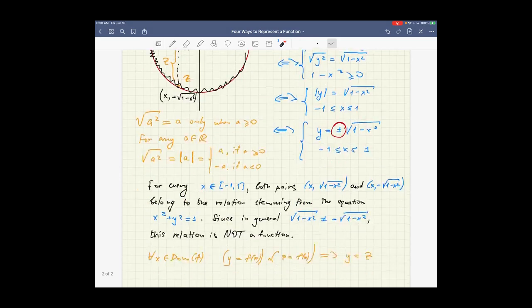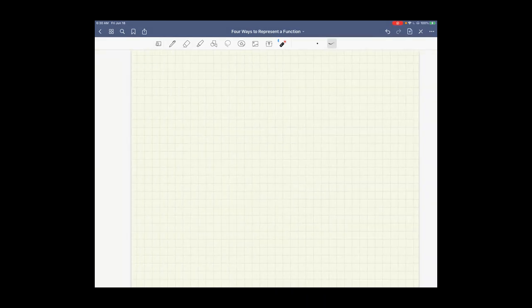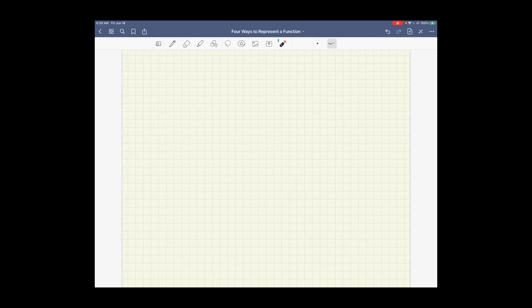Now, also, I'd like to show you a couple of examples of how to find the domains and images of functions given analytically.